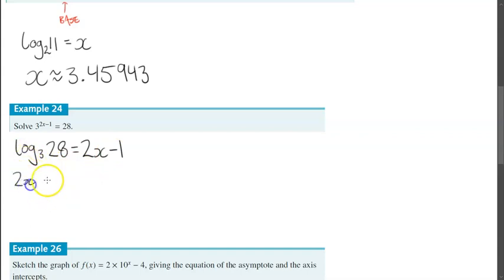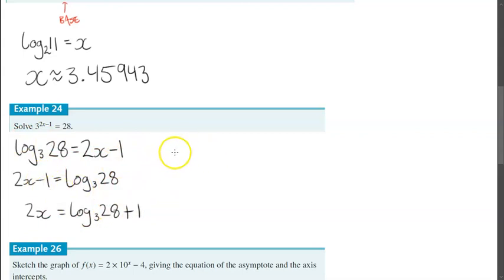My OCD always wants me to put whatever I'm looking for on the left hand side. So I'm going to write it like this, and then do my inverse operation. I'm going to add 1 to both sides. So 2x is equal to log base 3 of 28 plus 1, because we're adding 1 to both sides. And then we're going to divide both sides by 2.